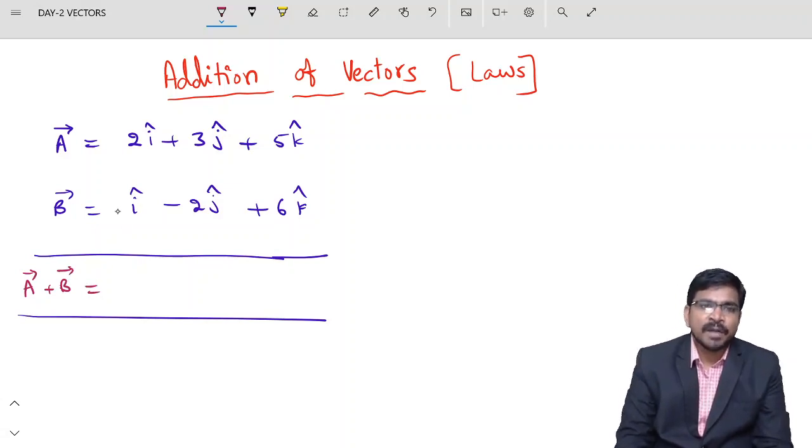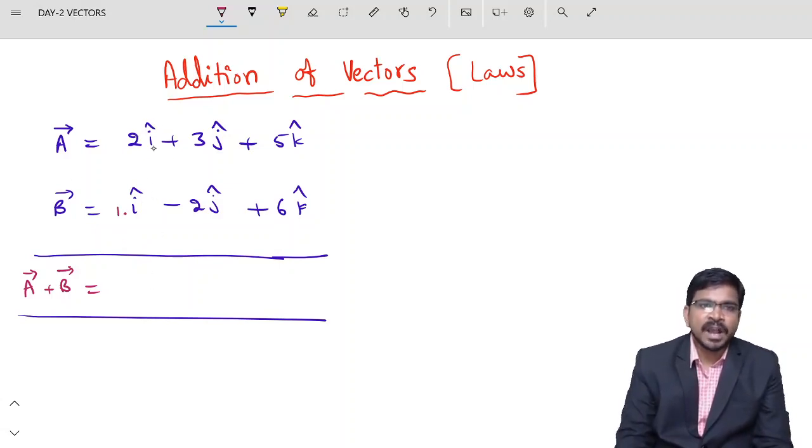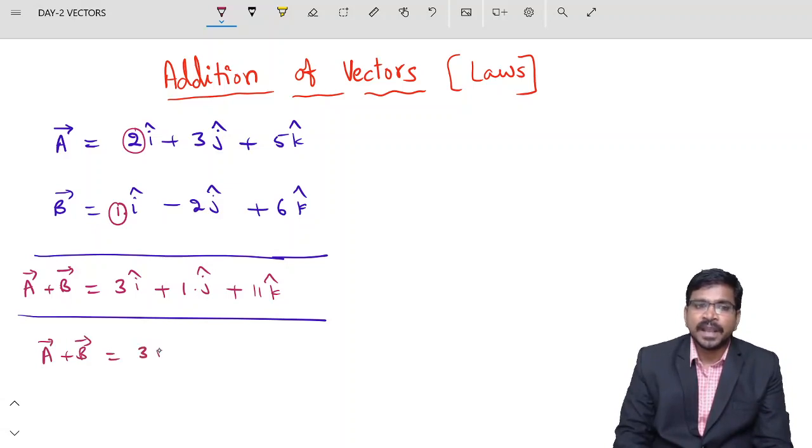What is the i component here? 1. Simple i cap means 1 into i cap. So for the i component, the numbers available are 2 and 1, so 2 + 1 gives 3i. Then 3 + (-2) gives 1 into j cap, and 5 + 6 gives 11k cap. So A + B is 3i + j cap + 11k cap.